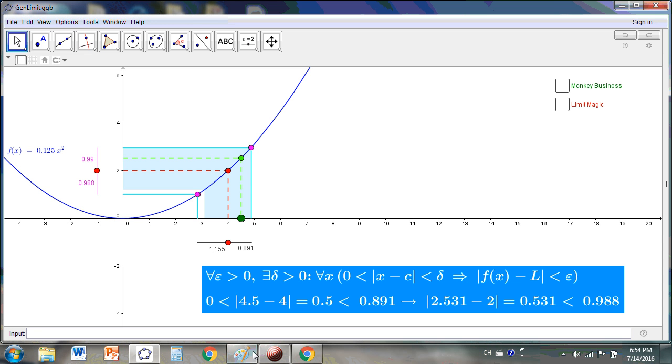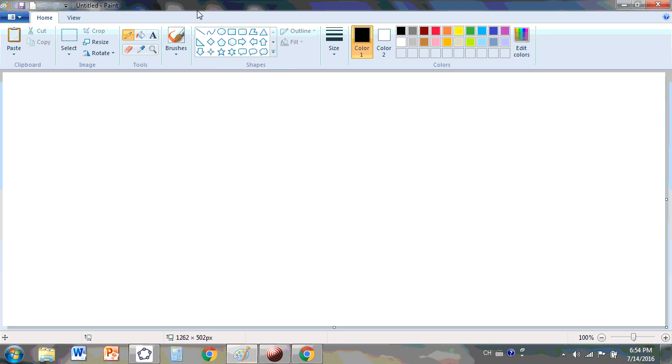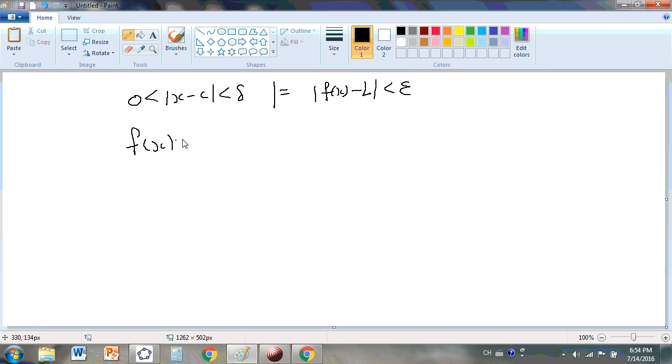So we could also write, for any function except a constant function, that 0 is less than the distance between x and c, and the entailment is that |f(x) - L| is less than epsilon. The only time that can't be done is if you have f(x) equal to k.